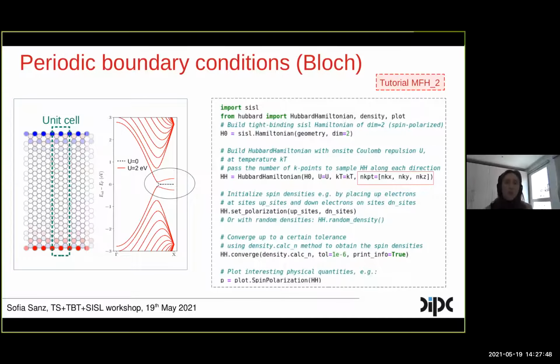Here I show an example of a calculation of a one-dimensional periodic zigzag graphene nanoribbon, which is a typical example because we know that this structure hosts localized edge states that tend to polarize when we include electron interactions in the recipe.